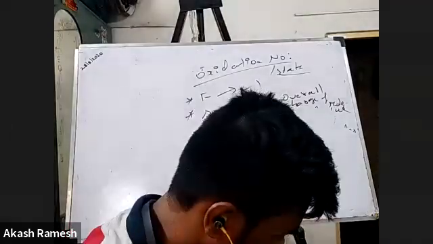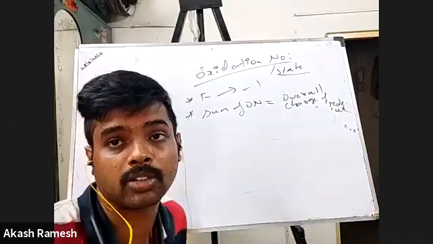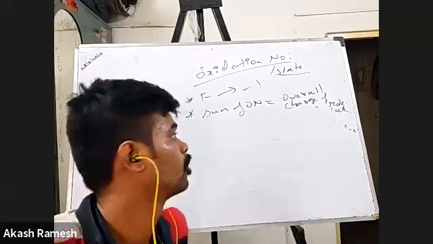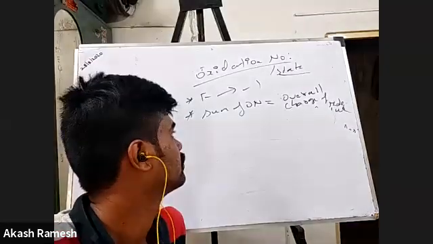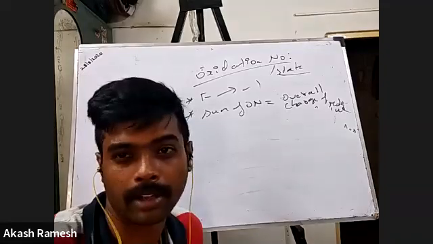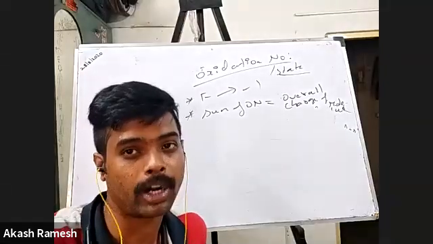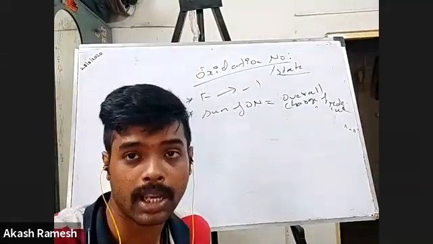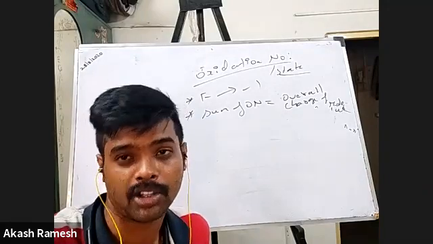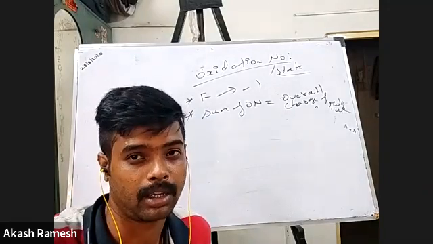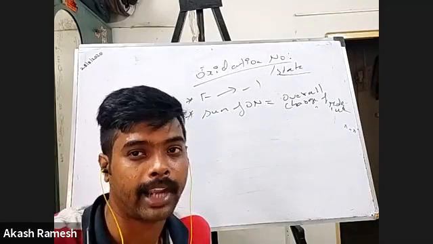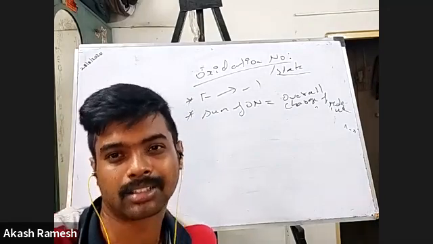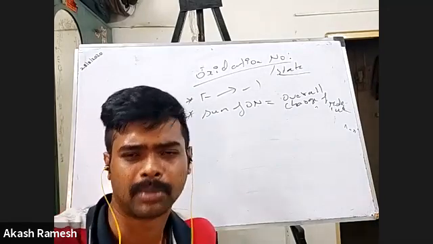There can be cases where the oxidation number is actually a decimal, like 1.666 or 2.333, something like that.